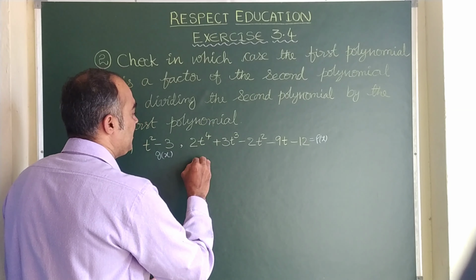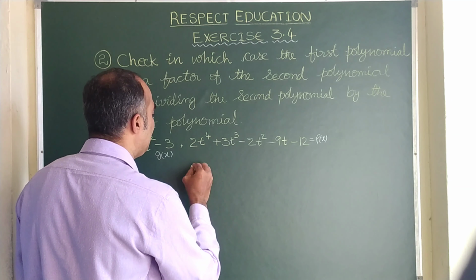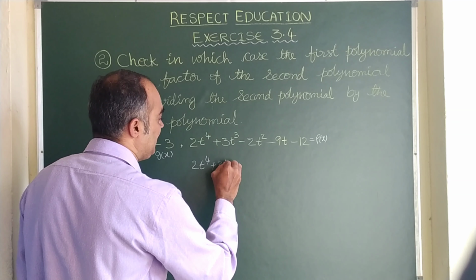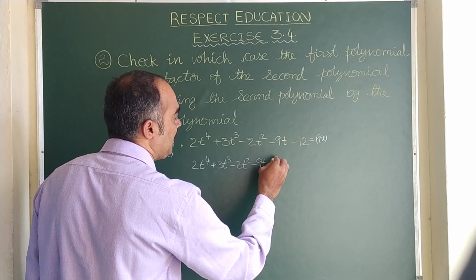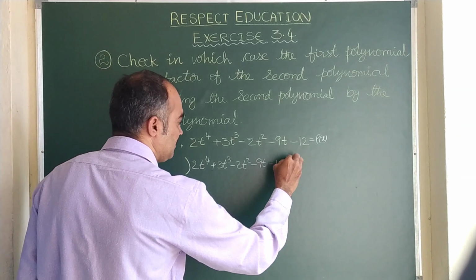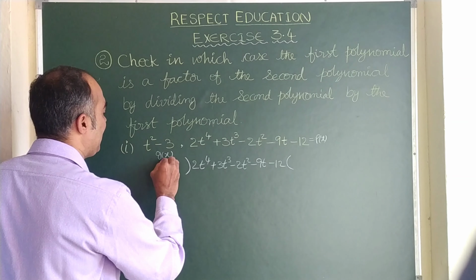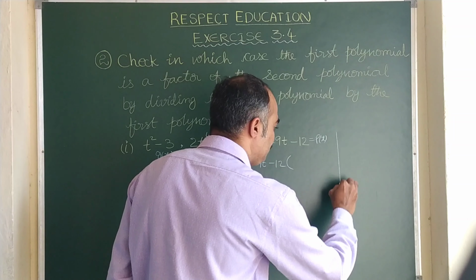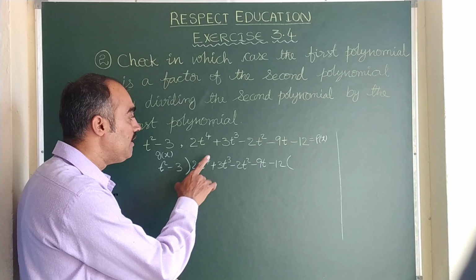Now here this p of x will become the dividend, so I am writing in the middle 2t power 4 plus 3t cube minus 2t square minus 9t minus 12. This we have to divide with t square minus 3, right? Here as usual, the first term of p of t.